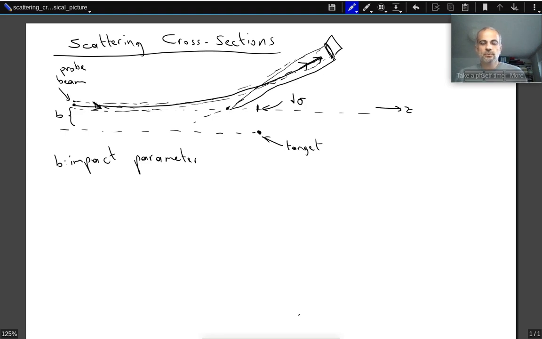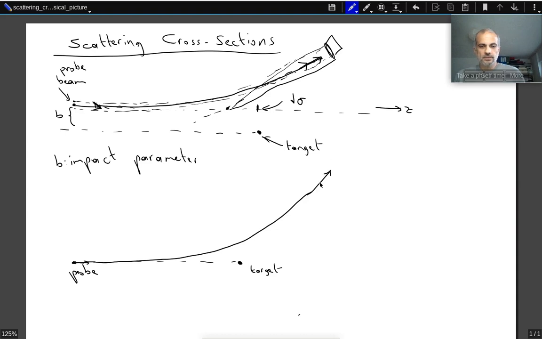Such a cone we describe by a solid angle. If you look at it from a far away distance, this will be our target and this will be our probe. If we are at a distance much larger than b, the collision will be viewed as almost head-on. But the particle, after scattering, moves in this direction.